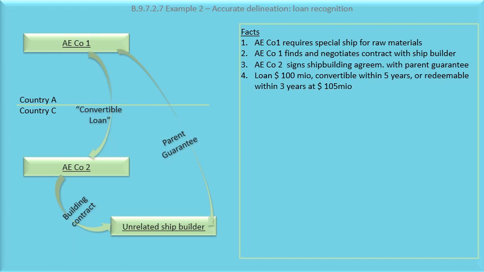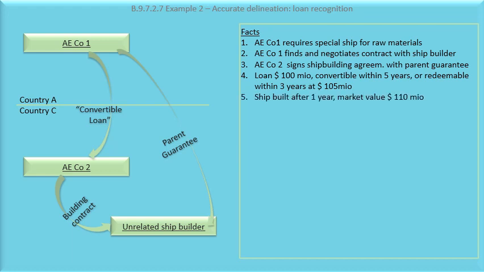Then AECO 1 gives a $100 million loan to AECO 2 because that's the cost of the ship. And the loan is convertible to equity within 5 years at the behest of AECO 1, or it can be redeemed by AECO 2 within 3 years at $105 million, which means that you pay interest of a little more than 1.5% per year if you do it after 3 years.